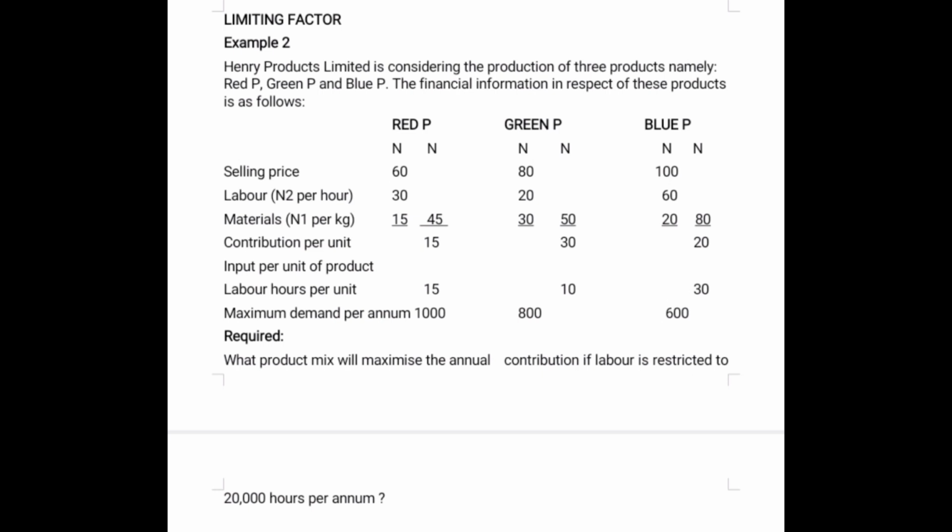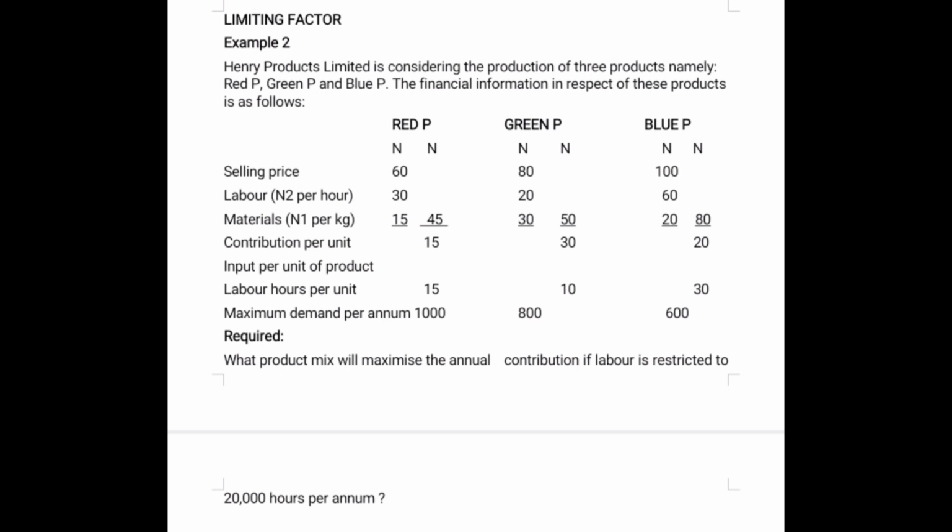They gave us the selling price 60, 80, 100. Labor, which is 2 naira per hour, 30, 20, 60. Material, which is 1 naira per kg, 15, 30, 20. And they gave us contribution per unit to be 15, 30, 20. They gave us labor hours per unit to be 15, 10, 30. They gave us maximum demand per annum 1,800, 600.